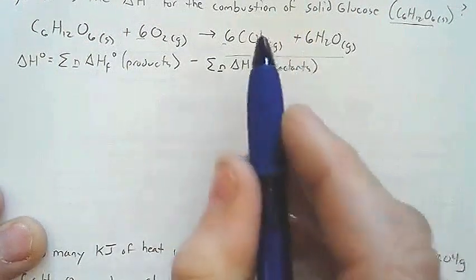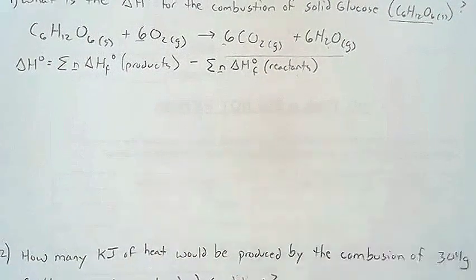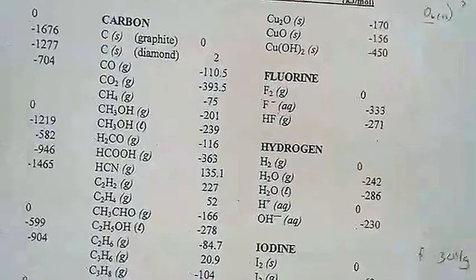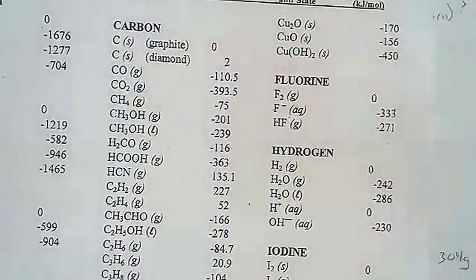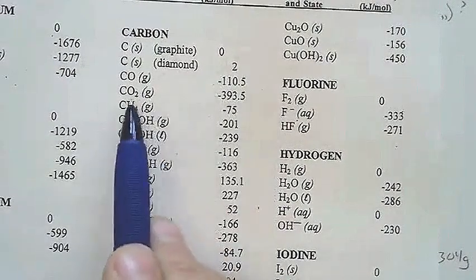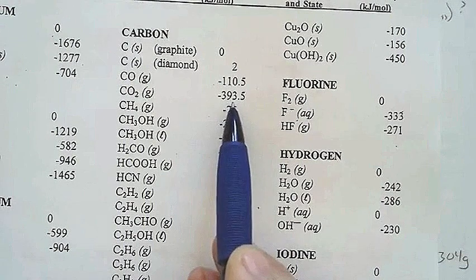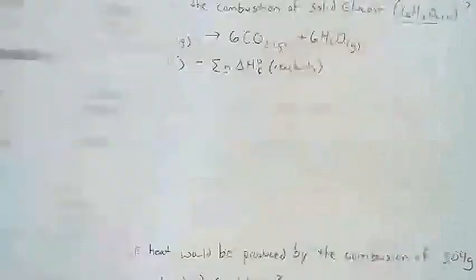So for the products, we have carbon dioxide and water vapor. Now for carbon dioxide, using the standard enthalpy chart, we see that carbon dioxide, CO2, is negative 393.5 kilojoules per mole.